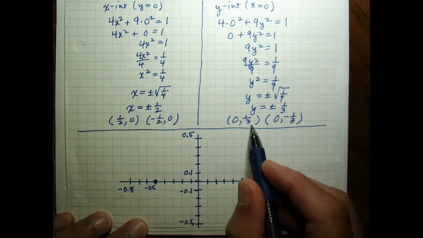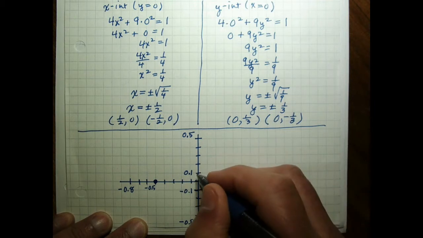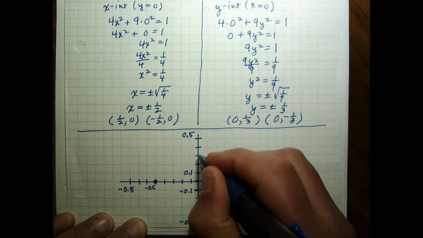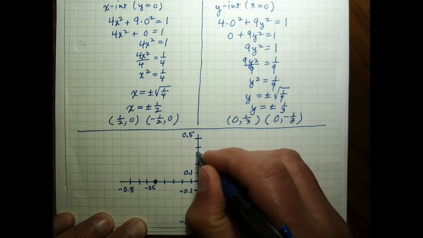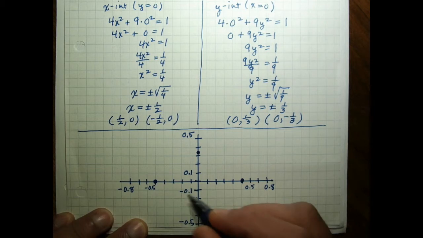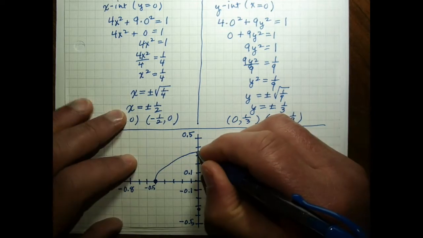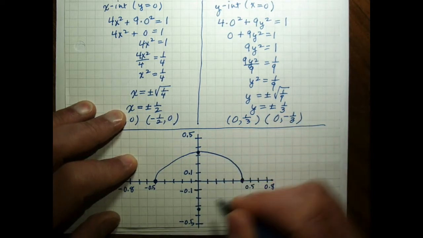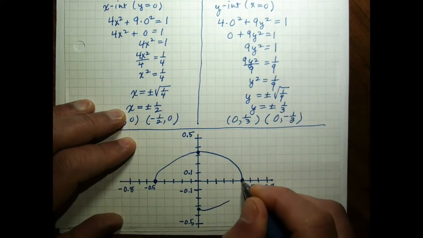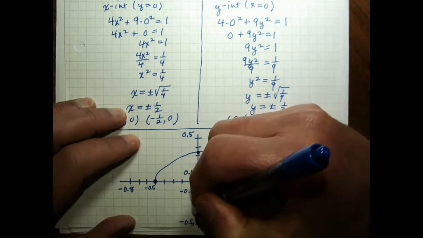And my y-intercepts at 1/3 and negative 1/3. 1/3 is about 0.333, so it's a little bit beyond 0.3, a little bit below 0.4. And once I get those intercepts, I can draw my ellipse. Okay, I'm a little wobbly today.